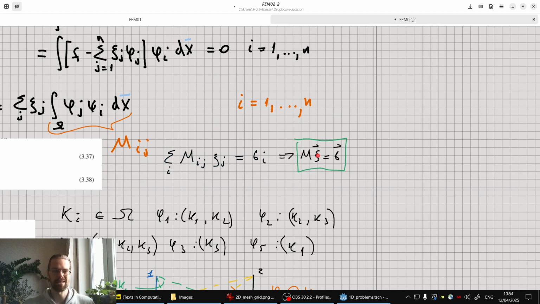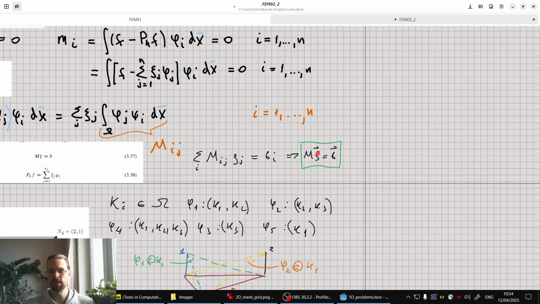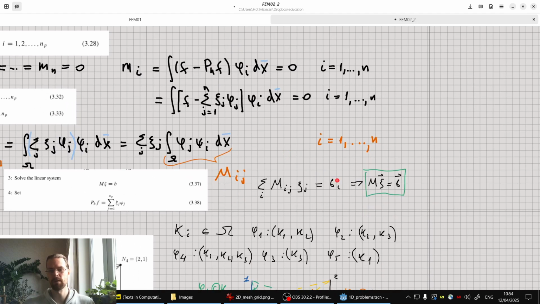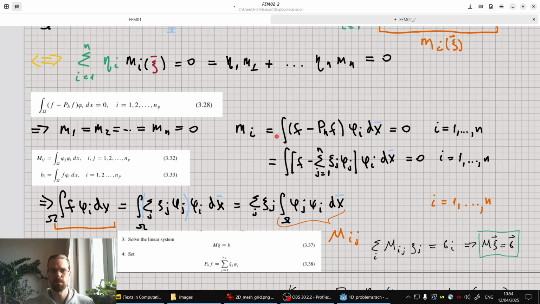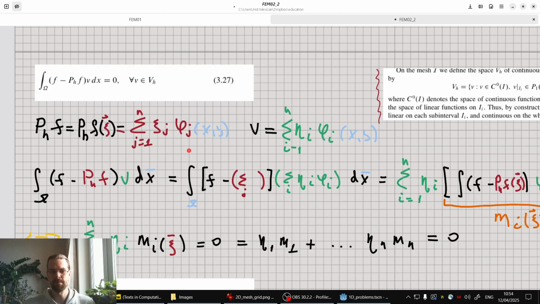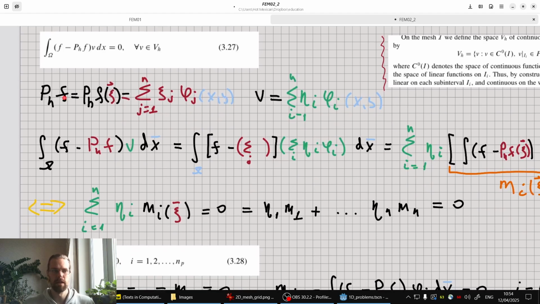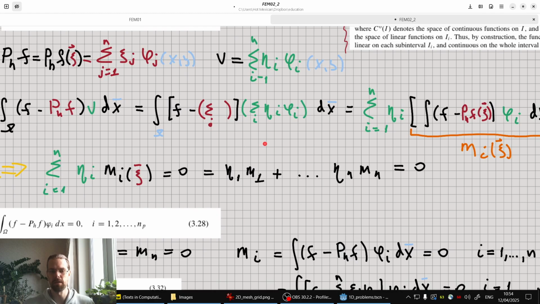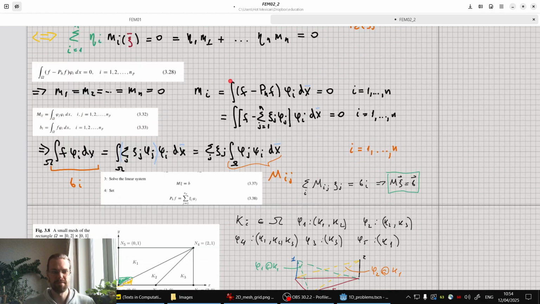And this vector xi is our vector of unknowns. So if we get this vector xi by solving this equation, we plug it back into our approximation, and we get this function approximated. Okay, that's one part which I wanted to touch on and explain.